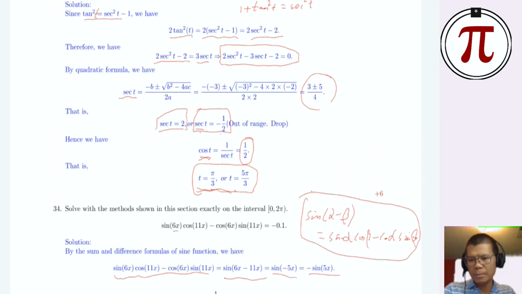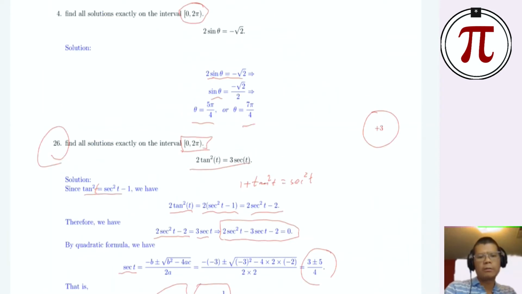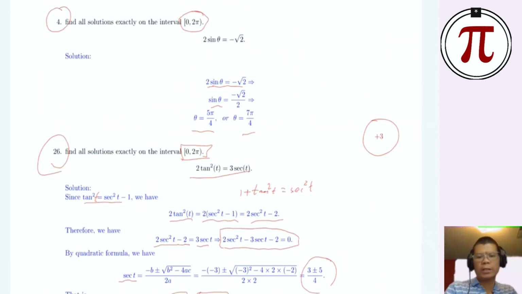We can immediately tell it is pi over 3 or 5 pi over 3 because of the unit circle. Similarly for problem 4, it's pretty easy because sine theta is negative square root 2 over 2, so we can easily tell that on this interval, theta can be 5 pi over 4 or 7 pi over 4.